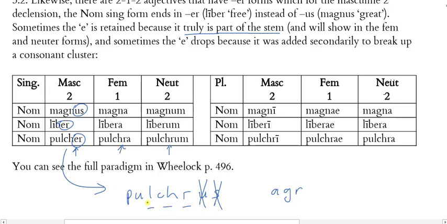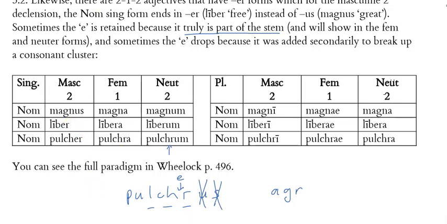Well, try pronouncing all of that without any vowels. That's really difficult. So this helping vowel E was added to just break the consonant cluster up. Once I add other vowels and case endings, then I'm not going to need that helping vowel because I've got a vowel over here to help pronounce. Pulcra, pulcrum.